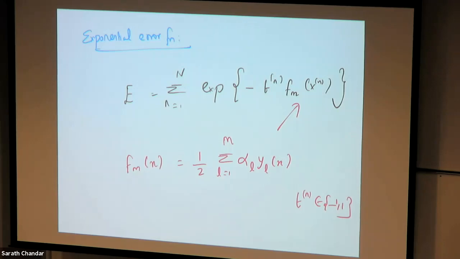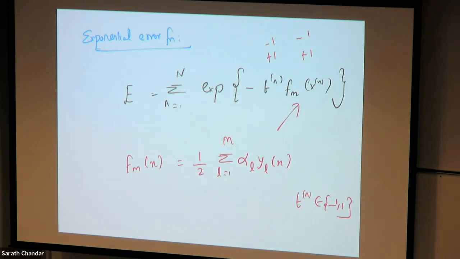Because if the target is +1 and your model is also making a +1 prediction, then it is positive. Similarly, if the target is -1 and your model is also making a negative prediction, then it is also positive, right? So whenever the model is making the right prediction, it is going to be e power minus something. Whenever the model is making a wrong prediction, it is going to be e power a positive value. Is that clear? Now the goal is to minimize this error function. Is that clear?